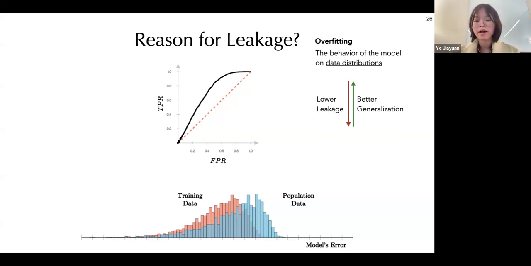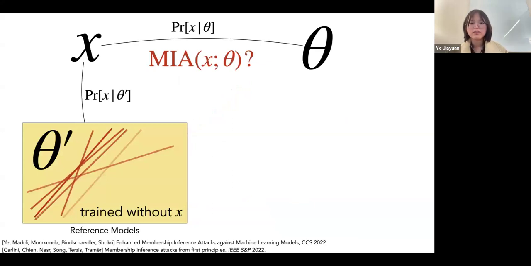this particular data point. So based on this intuition, there is a line of works that try to be more specific in this comparison and basically train models without this particular point as the comparison baseline for the membership decision. So specifically here, the theta prime are trained without the particular point X, and then the P of X given theta prime is compared with the P of X given theta.